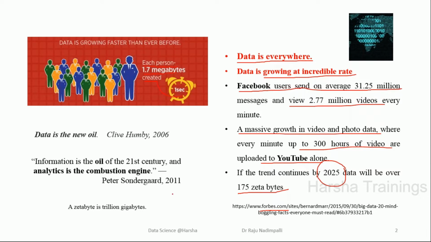And the most important thing is, according to Gartner's president, who has quoted this, information is the new oil of the 21st century. Before the 21st century, the Gulf countries minted money with the help of oil. They are the richest countries.